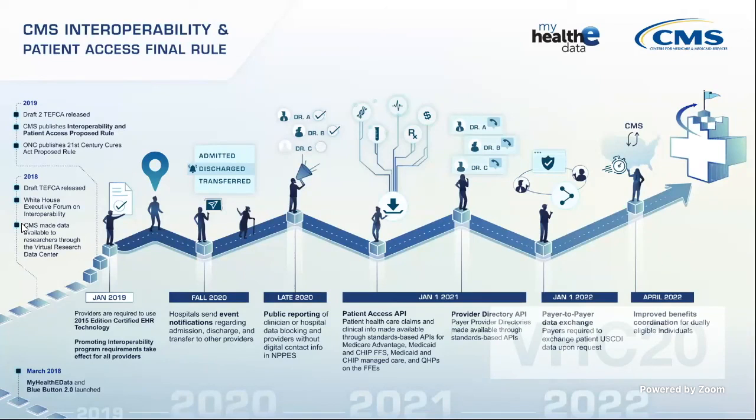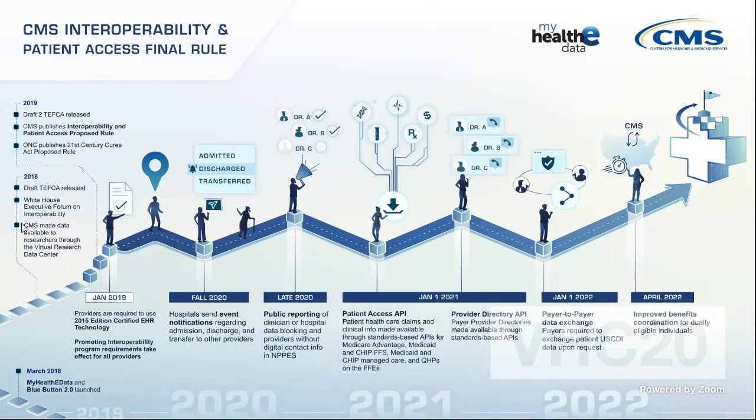Then moving to the next policy, starting on January 1, 2022, patients will be able to take their data with them when they move from one payer to another as they navigate the healthcare system. This is critically important because just because you're changing payers does not mean that you should lose access to your data. We're working hard to ensure that patients have access to that data and are empowered with that data.